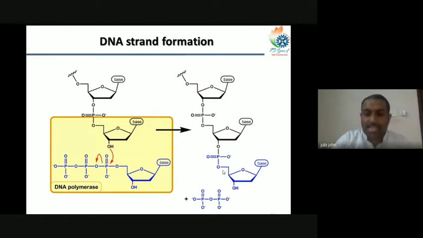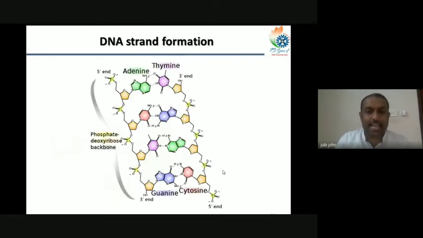Two strands with complementary bases come together and form the DNA. Adenine forms 2 hydrogen bonds with thymine, and cytosine forms 3 hydrogen bonds with guanine. This is how a DNA strand is formed.